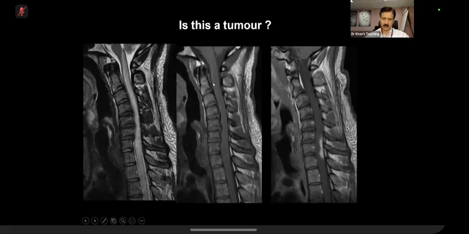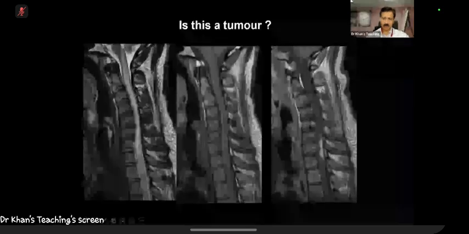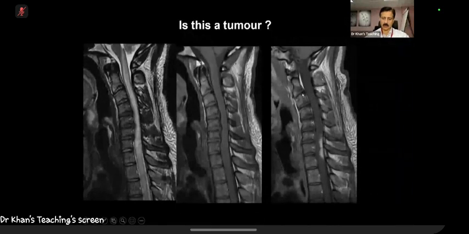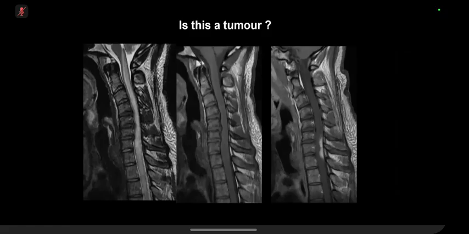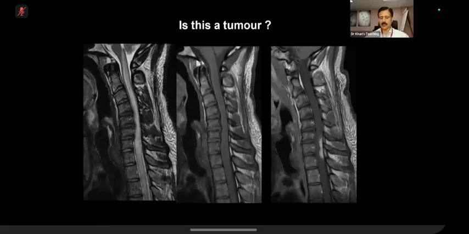Now, look at this thing, enhancing, this thing, enhancing. Hint: think brain, what do you think is enhancing? If I show you the same thing in the brain, you will pick it up. It's like leptomeninges and it's like packing. Excellent. Dura, right? Dura.